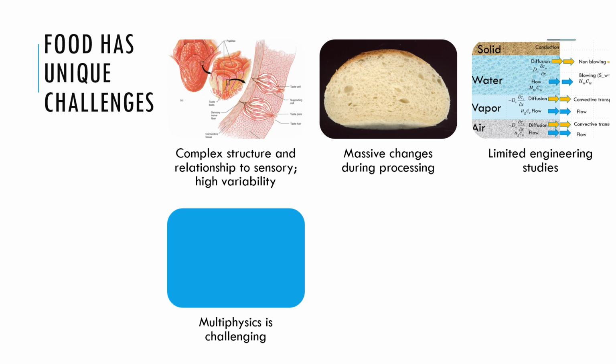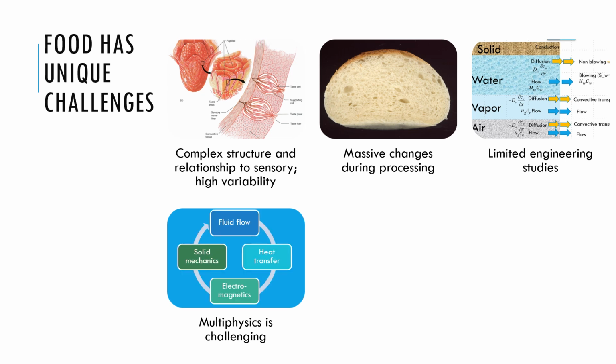Now, quite often food processes involve multi-physics. So for example, let's say microwave drying. That would involve fluid flow, heat transfer, electromagnetics, solid mechanics, because it shrinks as it dries. Those are all very different physics.